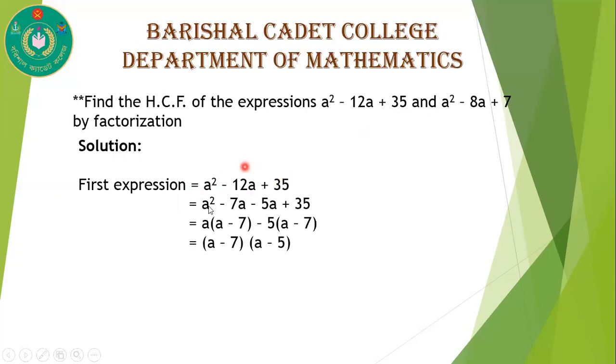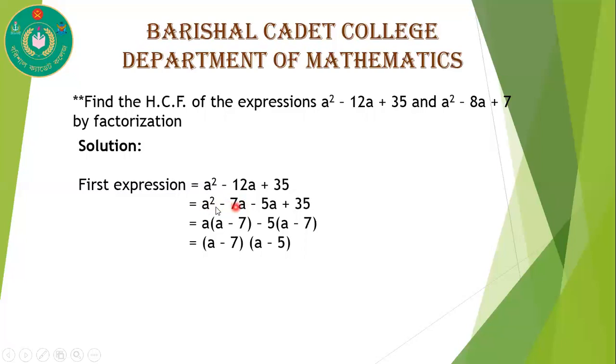Now we use the middle term method. Then we can write 35 into 1 is equal to 35, and 7 into 5, minus 7a minus 5a is equal to minus 12a.